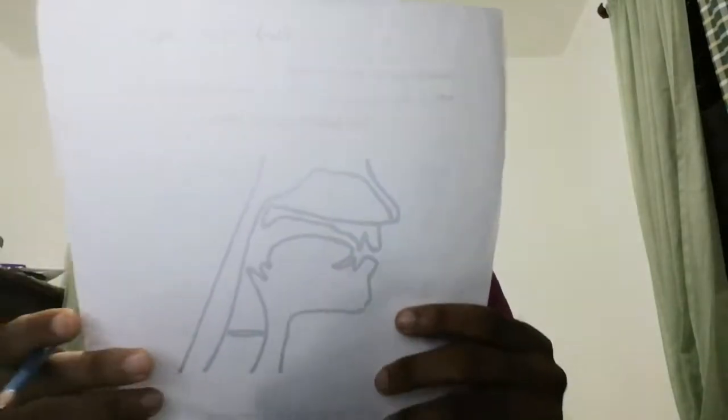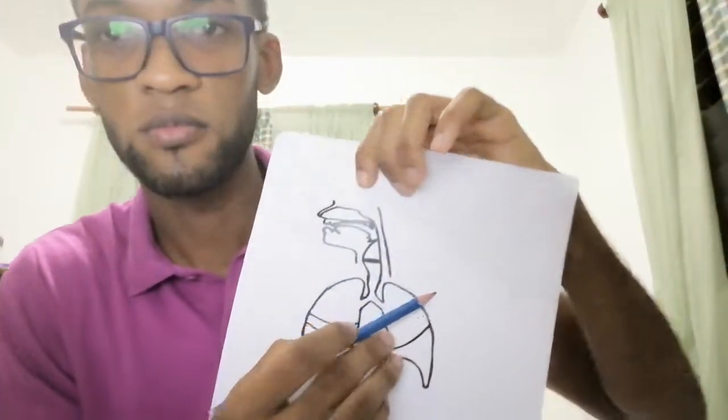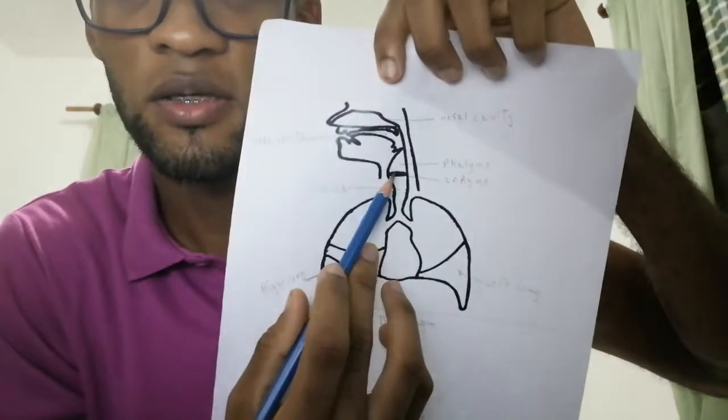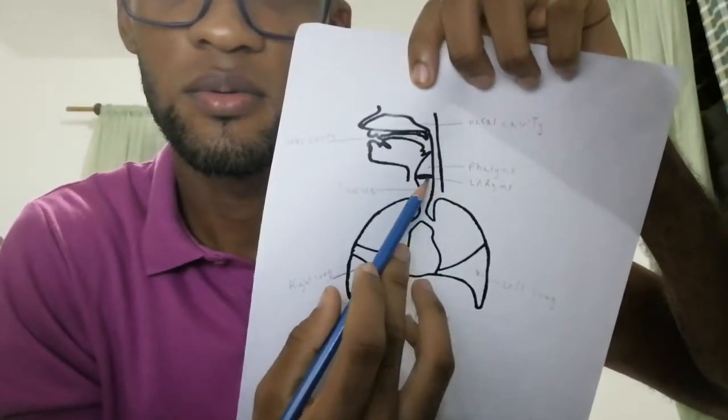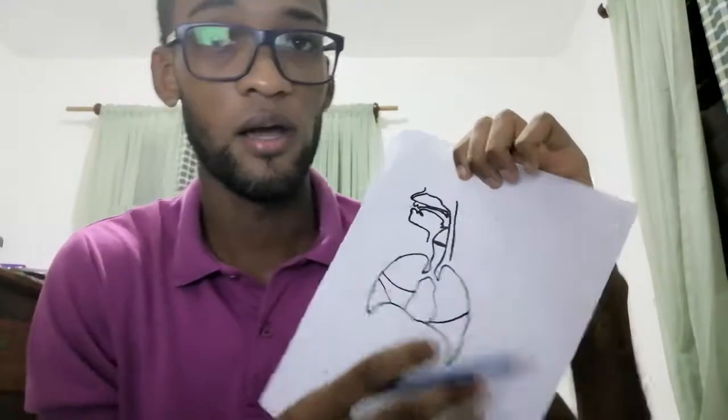Also, we have the larynx. We have the larynx located right here. Right here, it is the larynx, right? Now, the larynx is a part of the vocal tract that comes immediately on top of the trachea or windpipe, and it is coextensive with it.